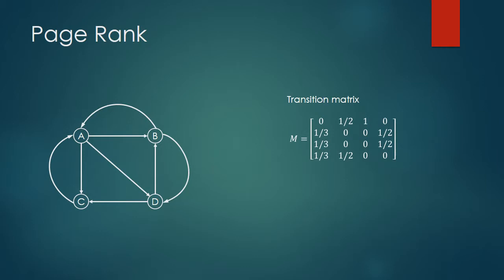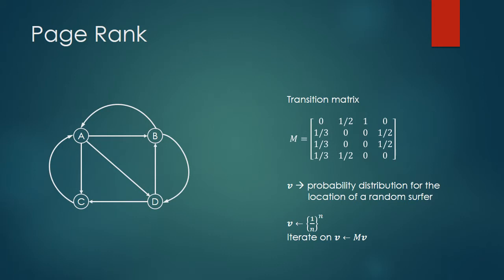Now, this is my transition matrix, which encodes the structure of the web. We can define a variable V, which is the probability distribution for the location of a random surfer. This is the same definition that we gave for the page rank, because this is the probability that somebody is on a given web page, reflecting the importance of that page, which is what they refer to as page rank.